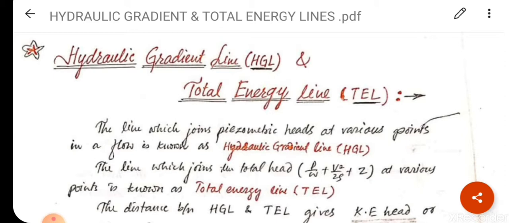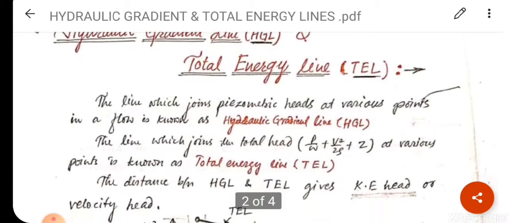So the definition tells us that the difference between piezometric heads at various points in a flow gives the hydraulic gradient line. That means P1 by W plus Z1 minus P2 by W plus Z2 will give you the piezometric head difference, and it is nothing but the hydraulic gradient line.